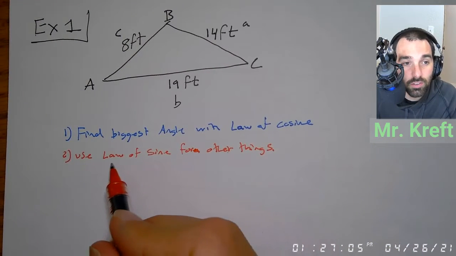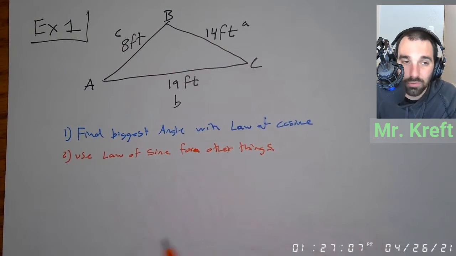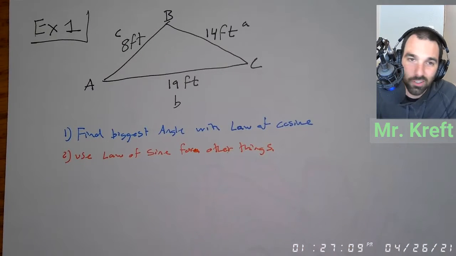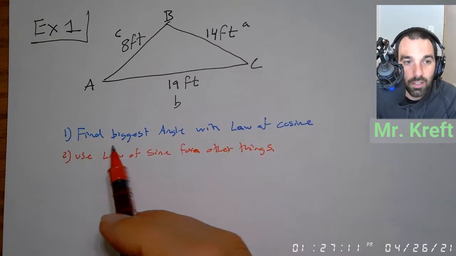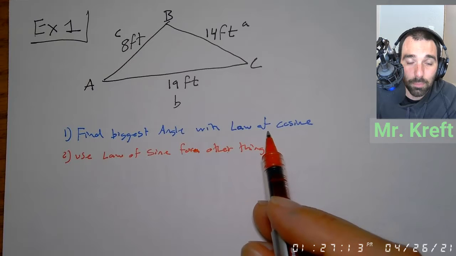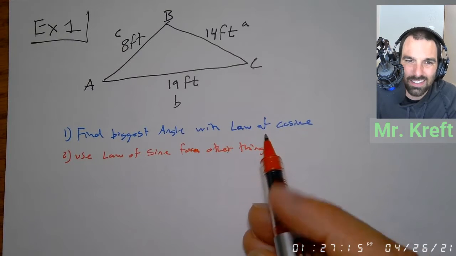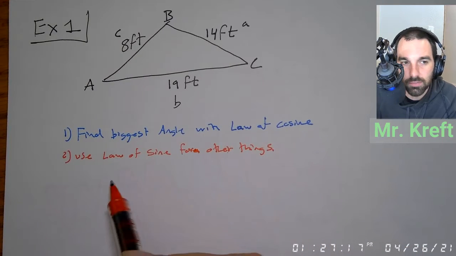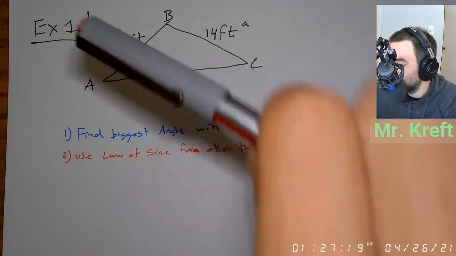The reason, guys, is law of sines is quicker, faster, easier. Whereas law of cosines is our big guns, so we bring out the big guns to start, but once we get started, law of sines is the way to go.